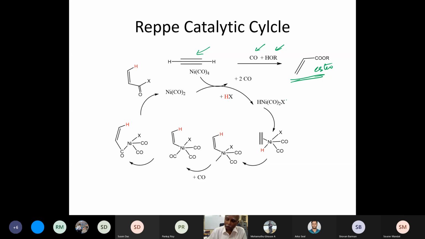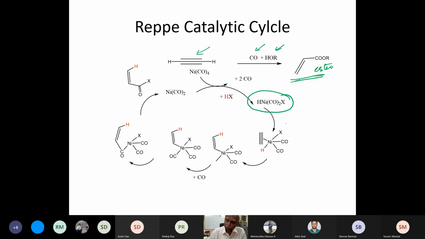So the first step is oxidative addition to generate HNi(CO)2X. HNi(CO)2X can undergo ligand addition with an acetylene. I have simply written C triple bond C, but it could be any acetylene.